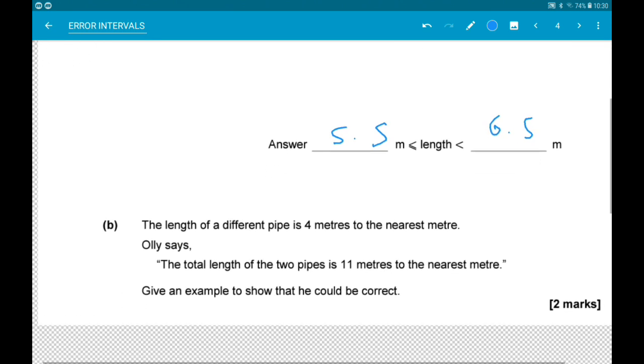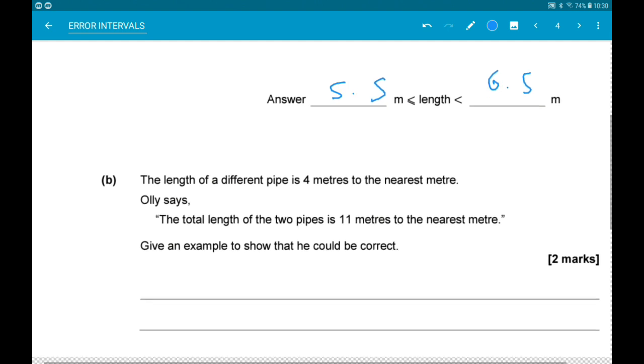Okay, then for part B, the length of a different pipe is 4 meters to the nearest meter. Ollie says the total length of the pipes is 11 meters to the nearest meter. Give an example to show that Ollie could be right. So, the first pipe could be 6.4 meters.